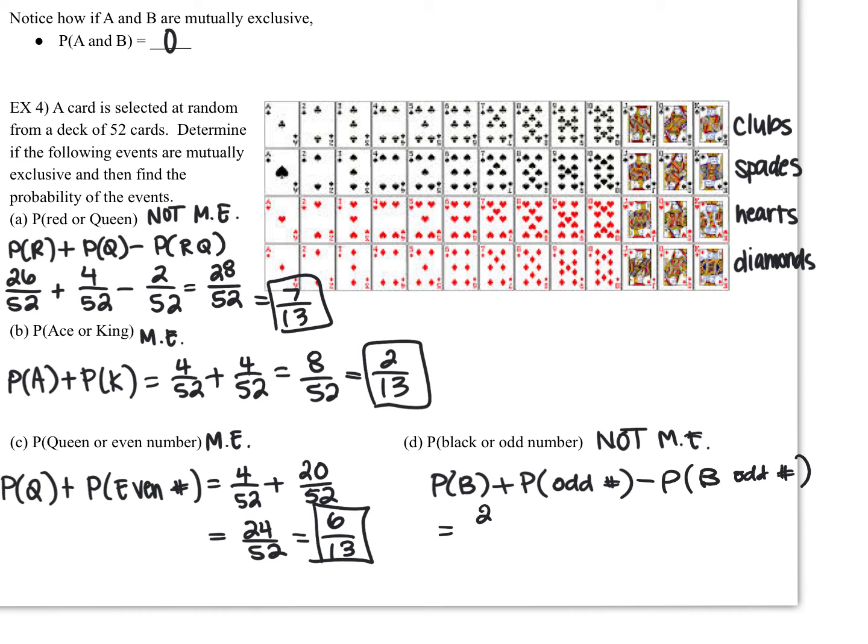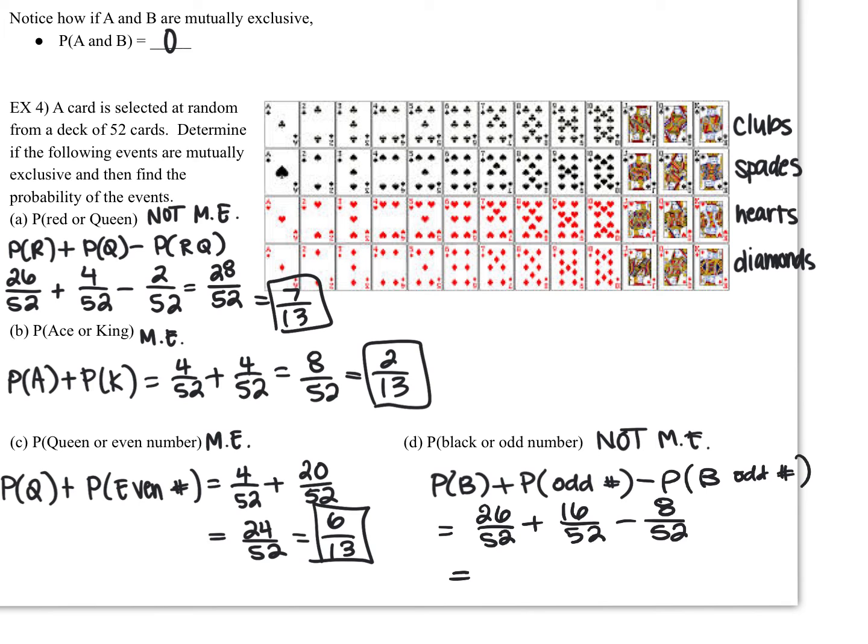So half the deck is black, so 26 out of 52, plus our odd numbers in this case are 1, 3, 5, 7, and 9. So there's only 4 odd numbers across the 4 suits, so that's 16 out of 52. And then we have to do our odd black numbers, so that's going to be 8 of the cards.